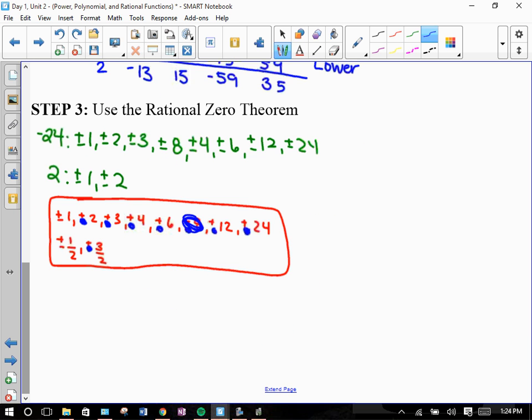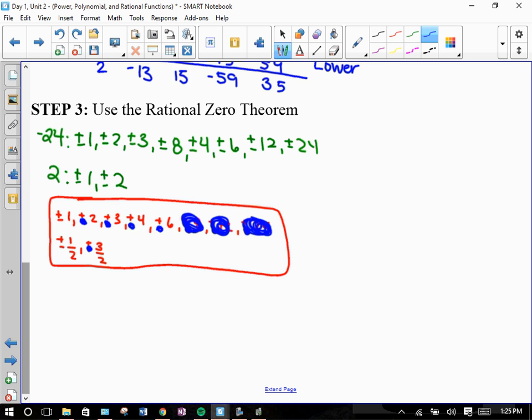That's completely gone. So instead of having 20 choices to look at, we now have 9.